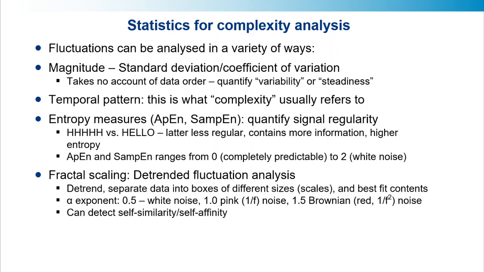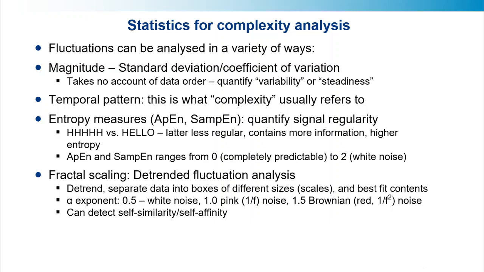Then there's fractal scaling. This goes all the way back to the initial Mandelbrot set, etc. So trying to look at the self-similarity of the signal, the degree to which it is self-similar. To do this, you have to detrend the signal, you separate the data into boxes of different sizes and different scales, and then you do a regression analysis on each of those boxes.